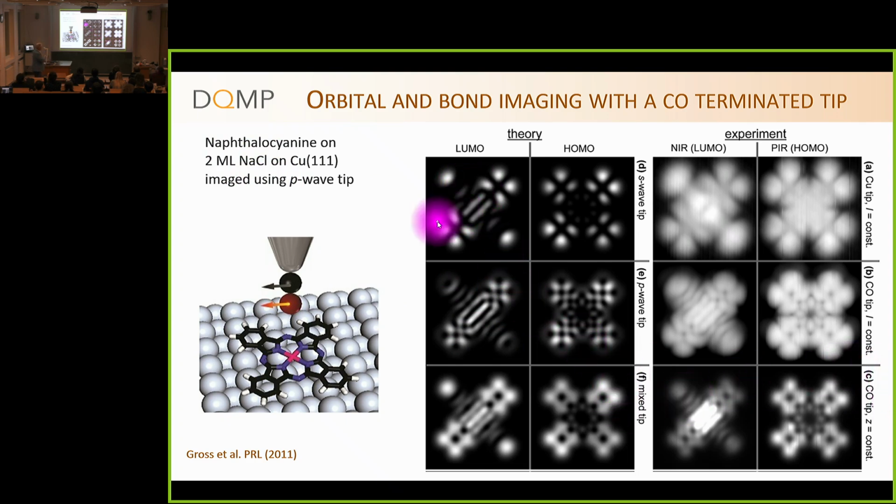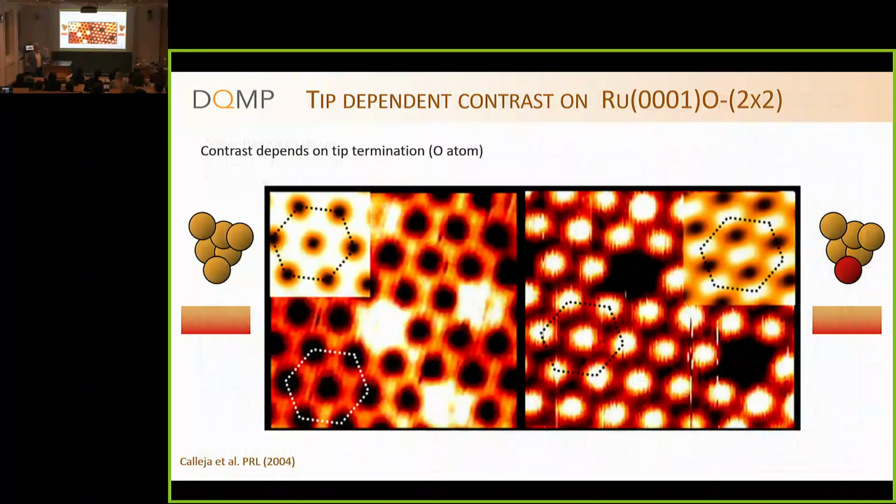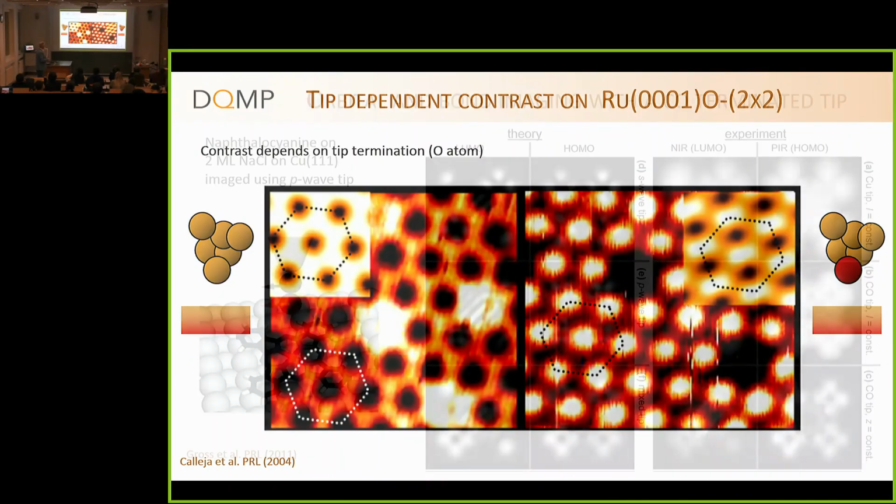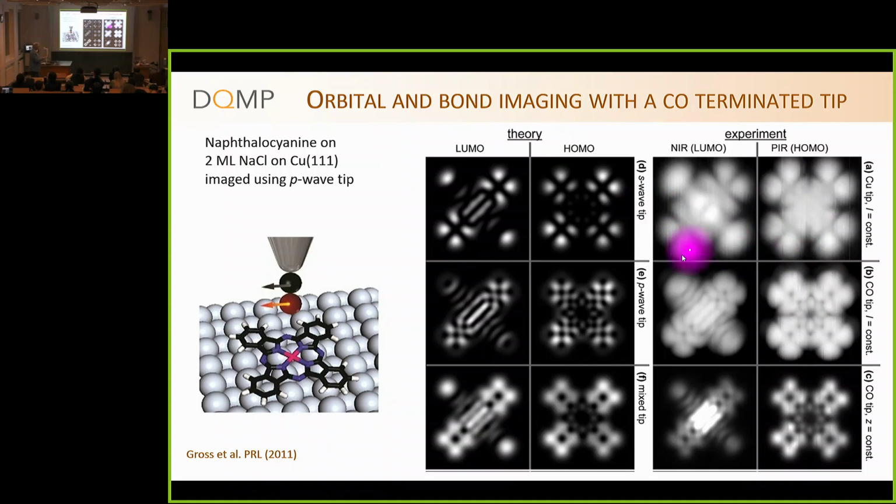And here they can really start to see internal structures depending on the nature of the tip. So you see here they have a tip with an S wave, so you can really model these things, accurately, not completely, but quite accurately, and they can really see different spatial structures of this molecule, either in the LUMO band or in the HOMO band, and again learn something not just about the structure, but also about the bonding of the atoms making up this molecule.